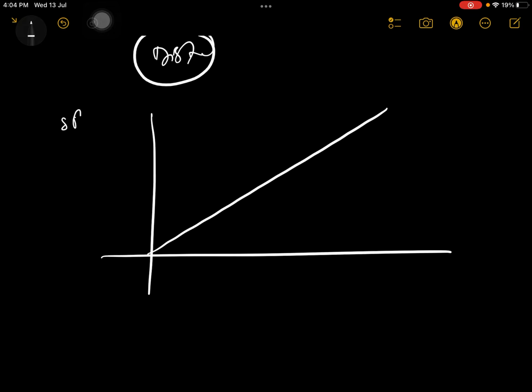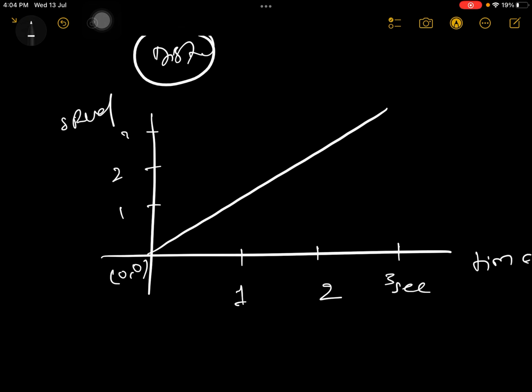This is speed and this is time. Suppose this is 0, the origin point, and this is 1 second, 2 second and 3 second. It keeps on going. Speed is given in meter.